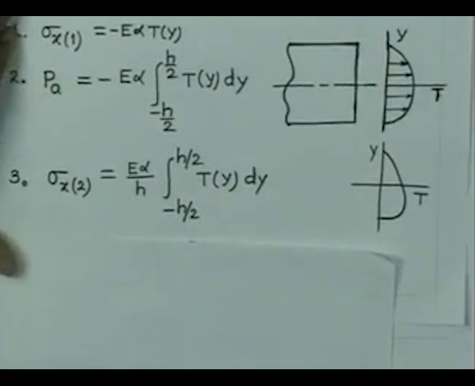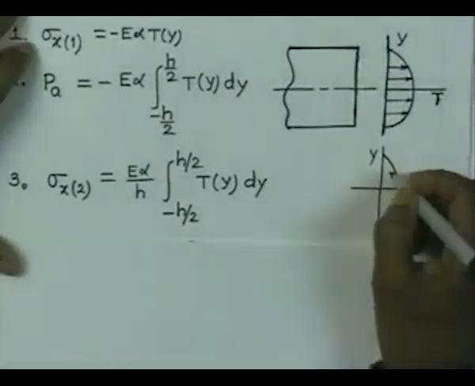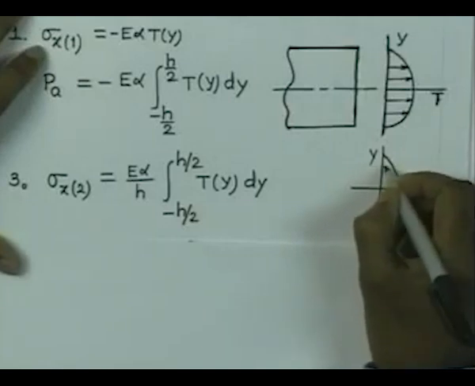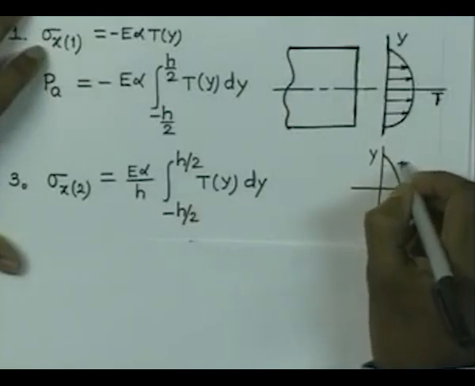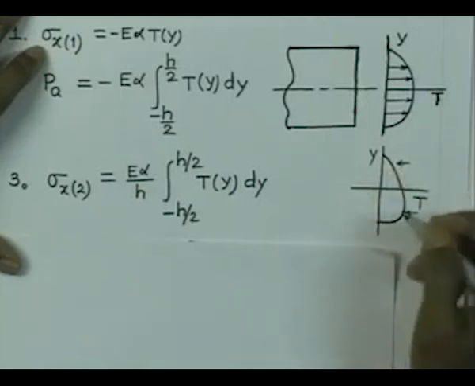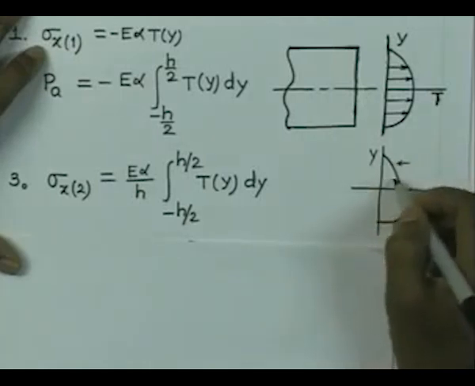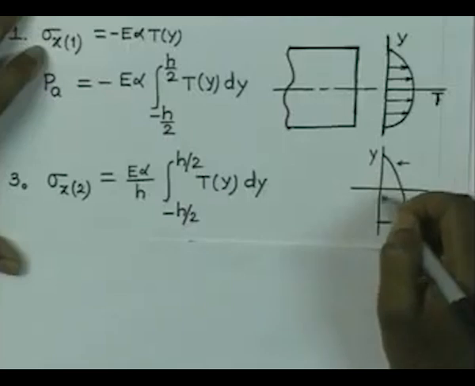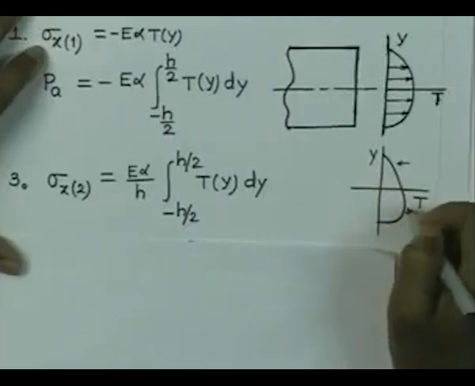Here you will find the stresses that are going to be coming up because of the compression. So, you are going to have compression at each level, and because of the asymmetry, the sum total of the compression from the top half will not balance with the sum total of the compression in the bottom half.